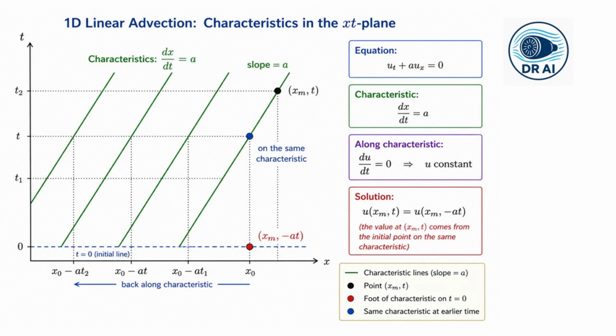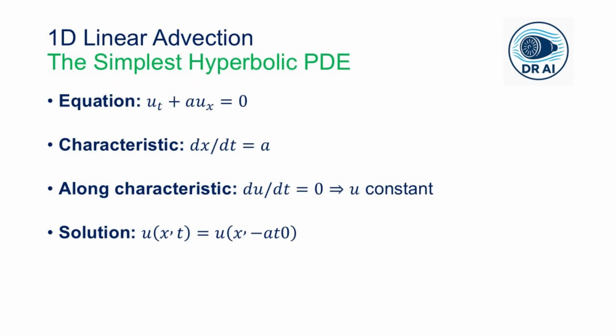Now we move on to the standard steps of the method of characteristics, which generally involves three steps. Number one is finding the characteristics: we solve dx/dt equals lambda, where lambda represents the eigenvalue or the characteristic direction.